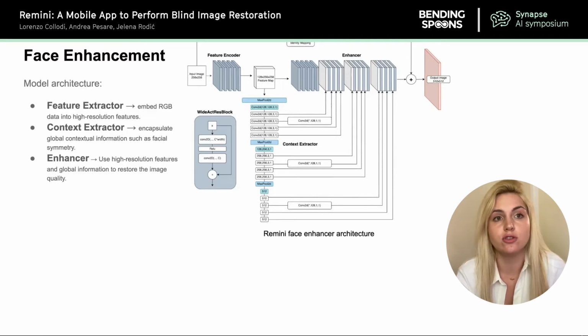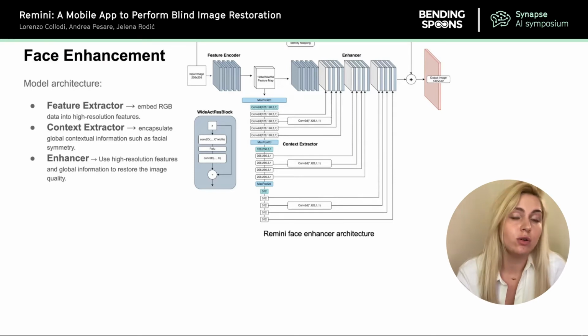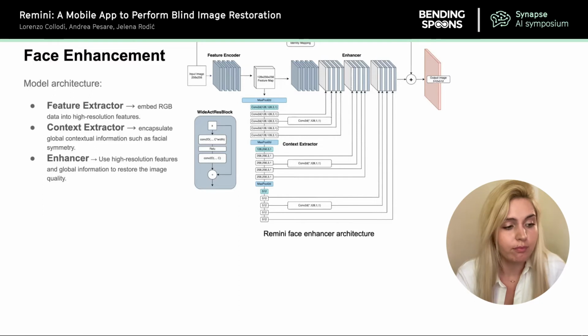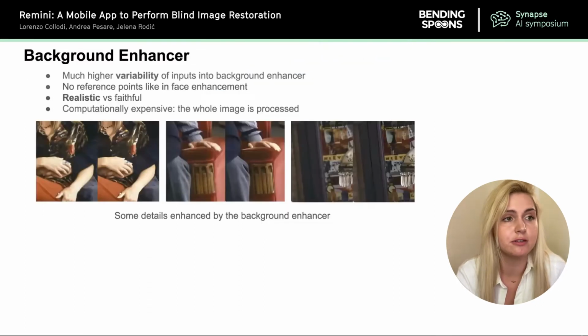It gathers all of this information for the face enhancer, and then it feeds it to the face enhancer unit, which uses all of those features to restore the original image quality by learning the face prior, and by this it is able to hallucinate the details of the face based on the encodings it got from the context and feature extractor, and then it can do it in a realistic and preserving way.